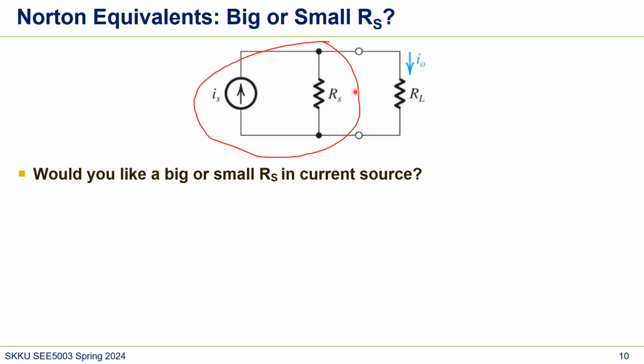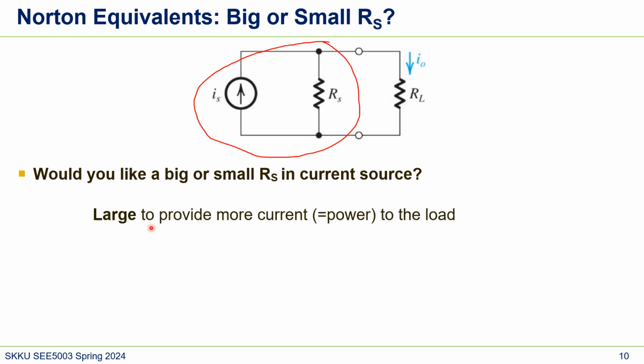What's better? Here we would like to have a large Rs. This is opposite to Thevenin. In Thevenin, in a voltage source, we said we want small input resistance. But in Norton equivalent, we want large resistance, because if this Rs is large, most of the current will go through the load, which is what we want. So we want to deliver more power to the output, so we want the input resistor in a current source to be as large as possible.